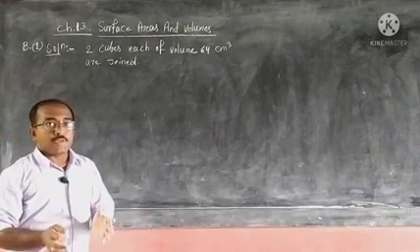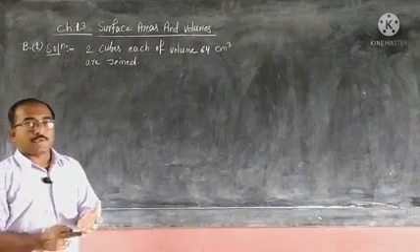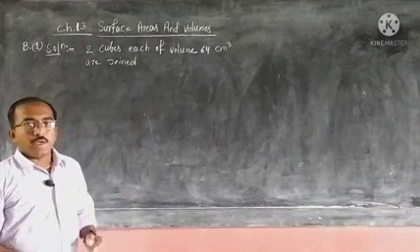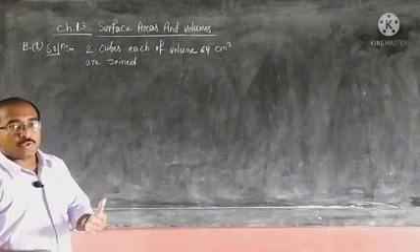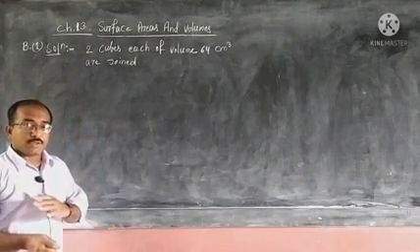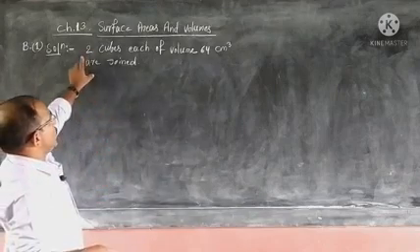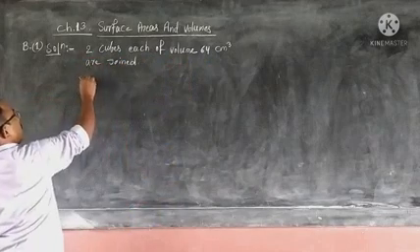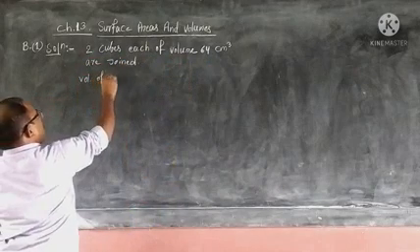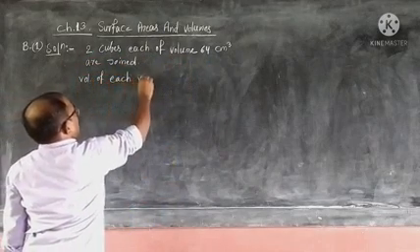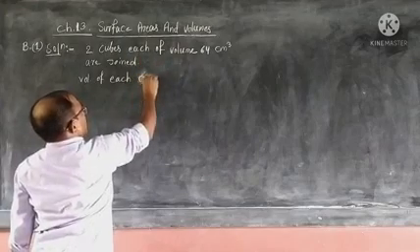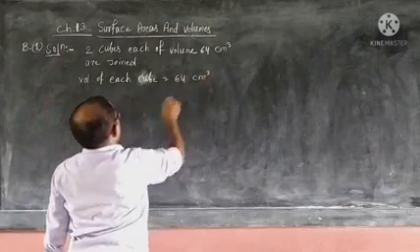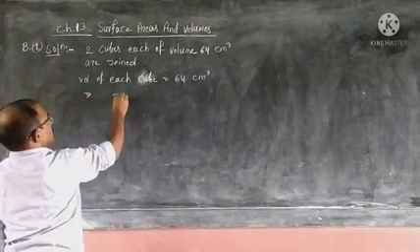Surface area of a cuboid, we need to remind ourselves, is 2 times (length into breadth plus breadth into height plus length into height). But how shall we know the length, breadth and height of the cuboid? To know it, we go to the volume of the cube. The given volume of each cube is 64 centimeter cube, and the volume of a cube is side cube.